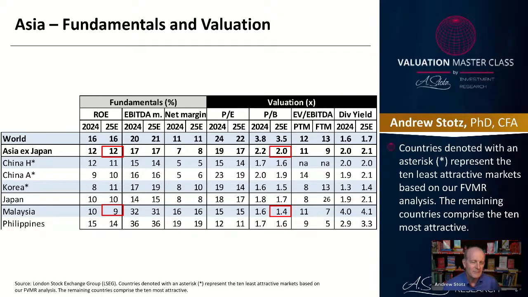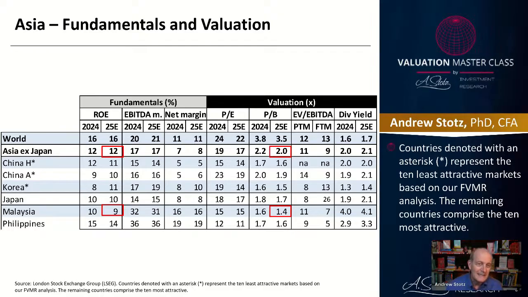Now, they have a lot of property companies and the like, which the composition of the sectors can determine a little bit of this. And that's why nothing is truly comparable, but this is a good enough analysis. And we can see Philippines trading on 11 times PE and 1.6 times price to book. I would say that Philippines looks interesting, as well as Malaysia.